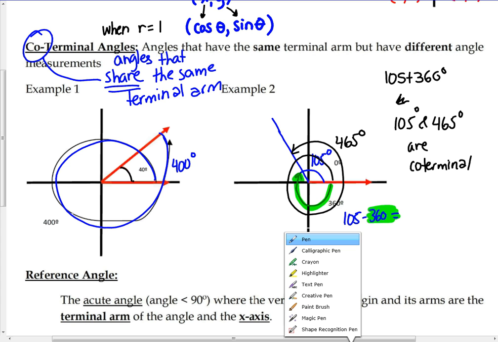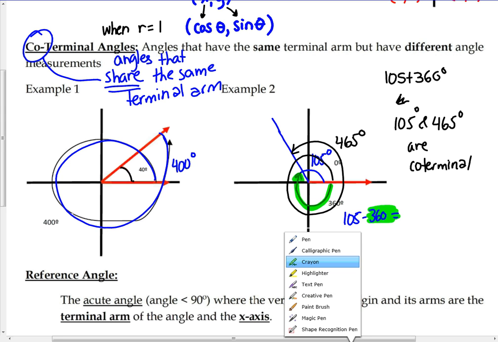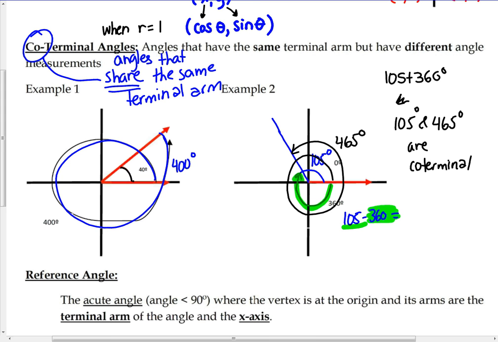It's negative 255. Oops, that's a crayon, not a highlighter. So 105 minus 360 is negative 255, and that would be another coterminal one. If we move in a clockwise direction, we're moving in a negative direction because positive is counterclockwise. So coterminal angles can be positive or negative, and there's an infinite amount of them.